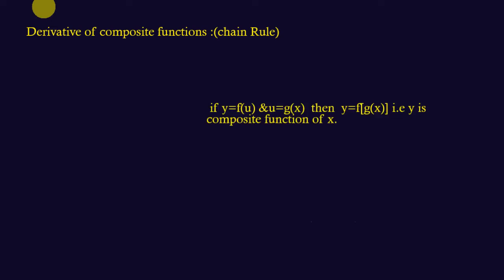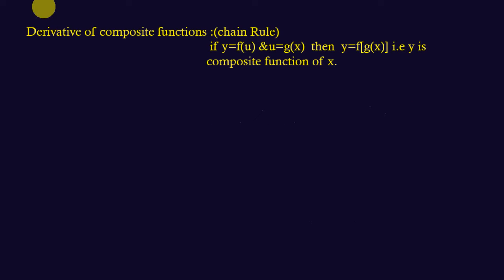First of all, the composite function means if y is equal to f of u and u is equal to g of x, means y is a function of u and u is again a function of x, then in place of u we substitute g of x.